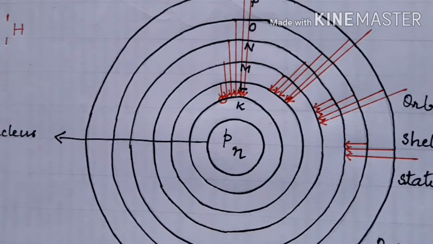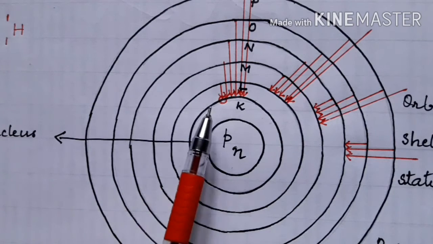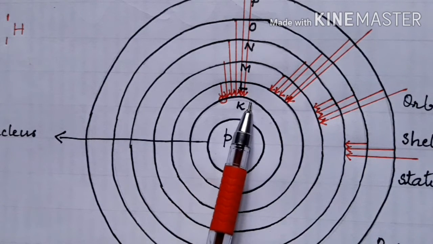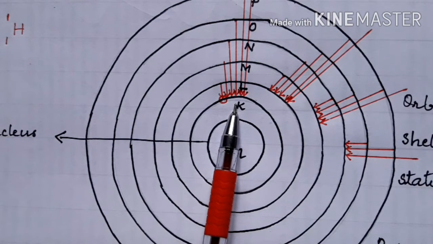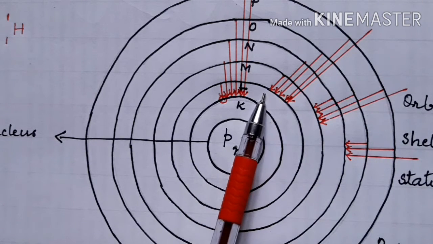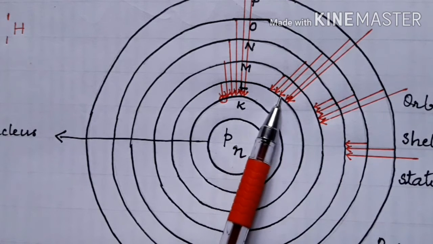Once the electron has reached the higher levels, when they come back to its original state, if it is coming back to n is equal to 1, we get what is called the Lyman series. Instead, if the electrons settle down at n is equal to 2, we get the Balmer series.